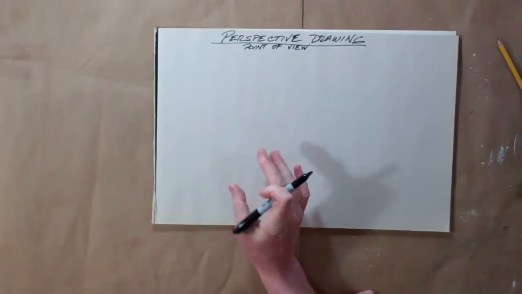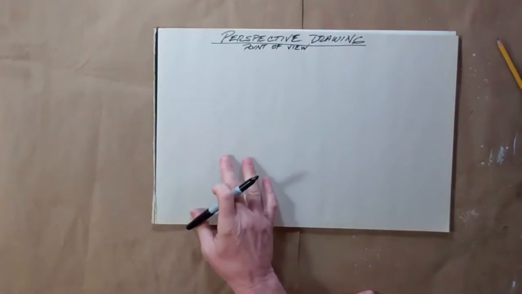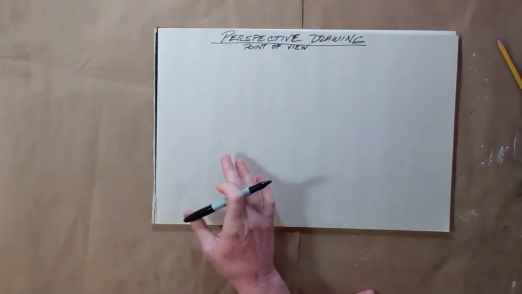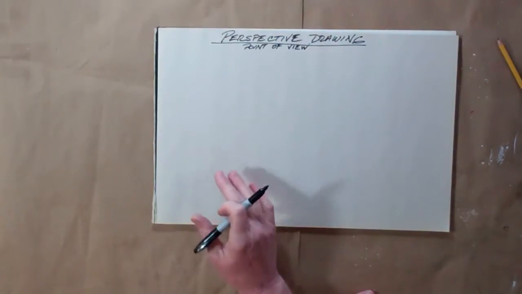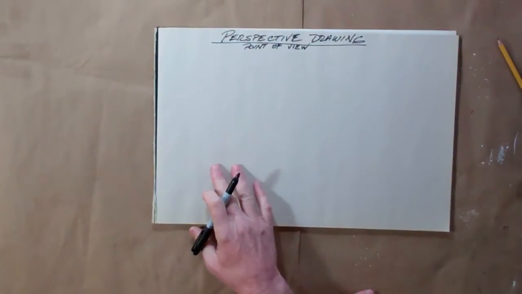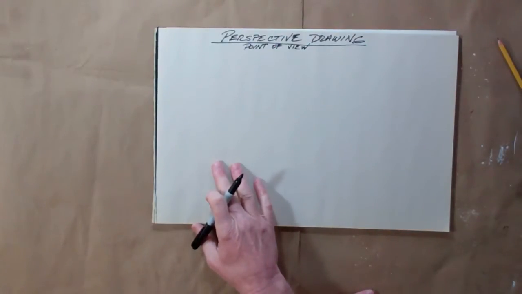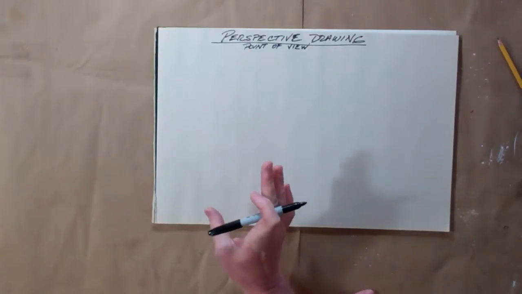That shows where you are in relation to the subject, or whatever you're drawing. Sometimes you are above the subject looking down at it. Sometimes you are below the subject looking up, to the side. So you could be anywhere in relation to your subject.